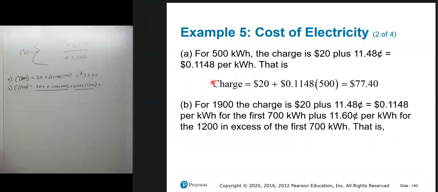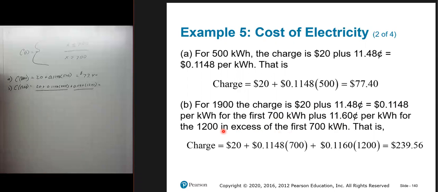And then for 1900, the charge is the same formula: $20 plus $0.1148 times 700 for the first 700, plus $0.1160 for the kilowatt hours in excess of the 700.